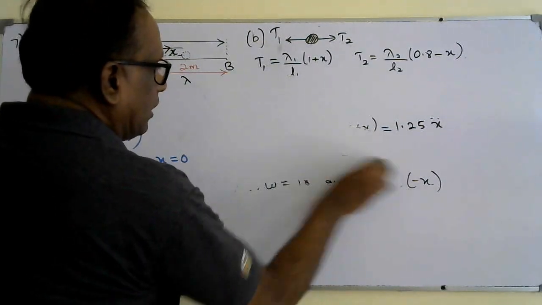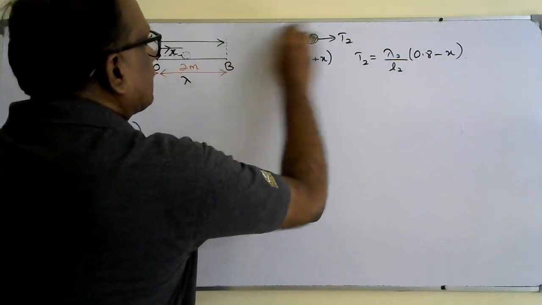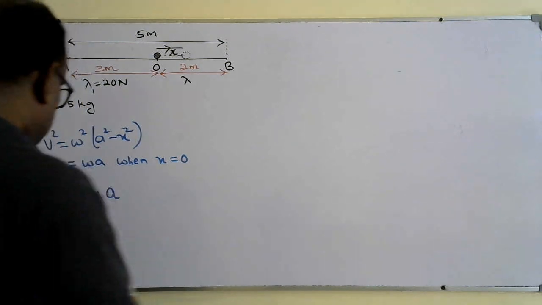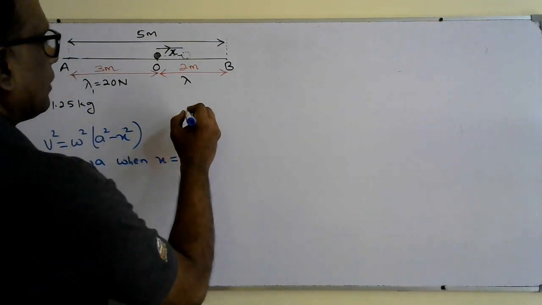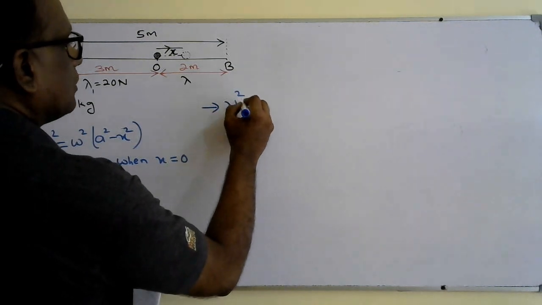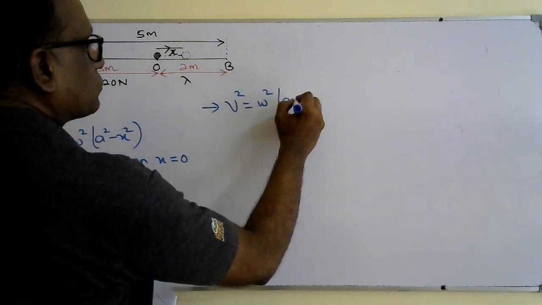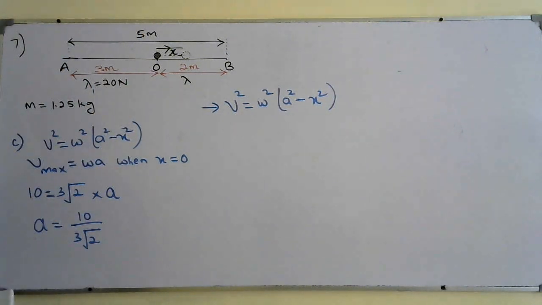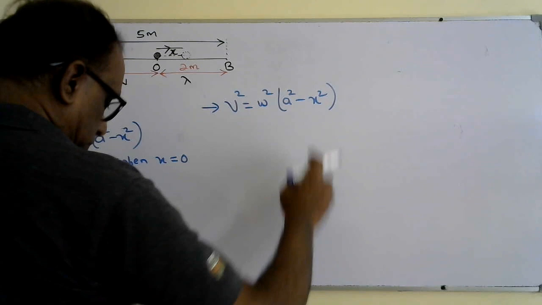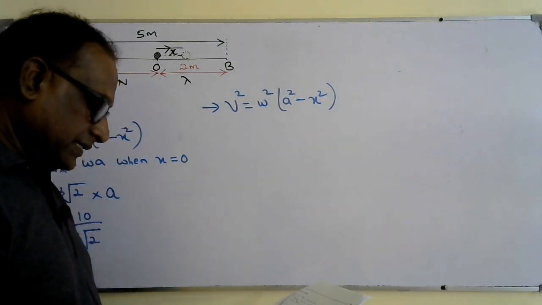Okay, so that's not an issue. We can use the same equation again. We found the amplitude, so we'll use v squared equals omega squared times (A squared minus x squared). The displacement should be 0.8 meters towards the right.